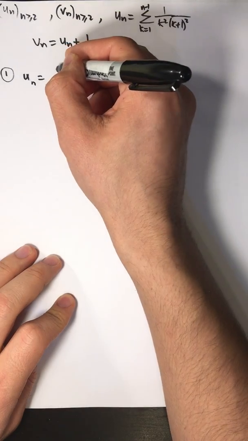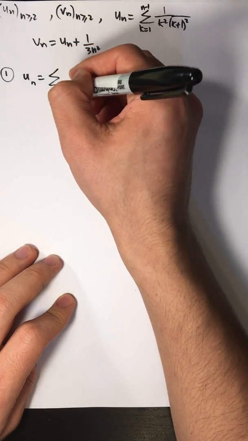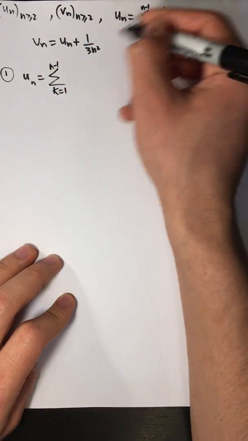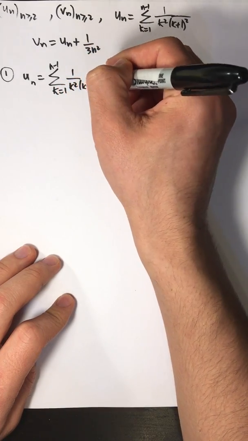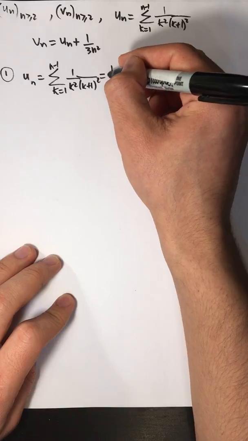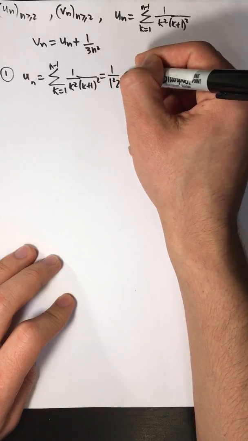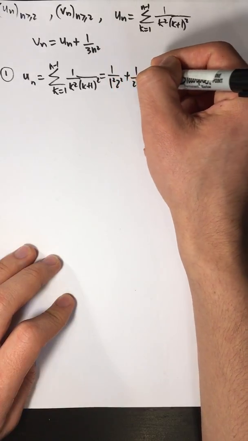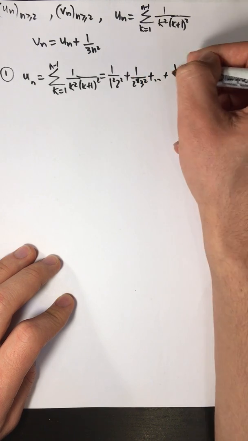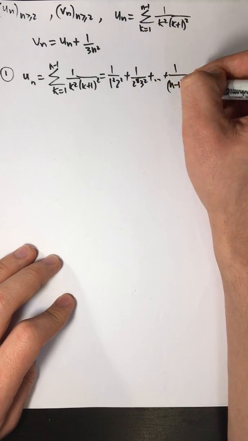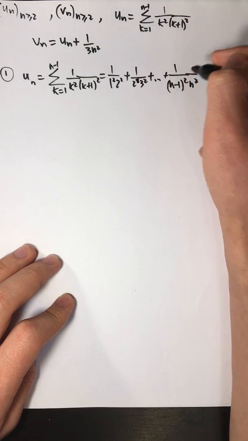According to this, sum for k equals 1 to n minus 1 of 1 over k square, k plus 1 square, equal to 1 over 1 square, 2 square plus 1 over 2 square, 3 square plus etc. plus 1 over n minus 1 square, n square.